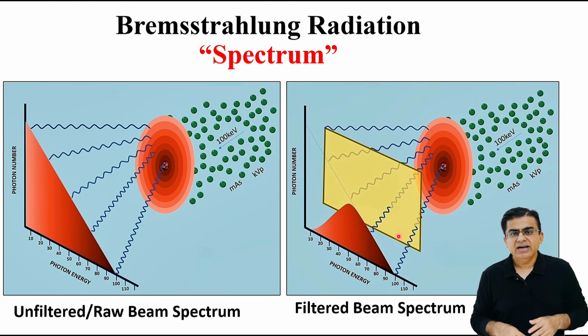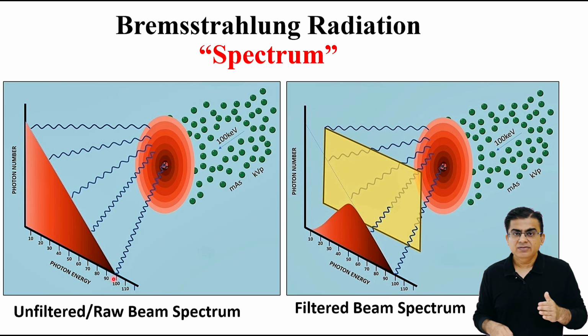Let me summarize our entire discussion by comparing these two graphs of Bremsstrahlung radiation spectrum side by side. First, look at the spectrum of a raw, unfiltered Bremsstrahlung X-ray beam on the left side. Notice its shape.